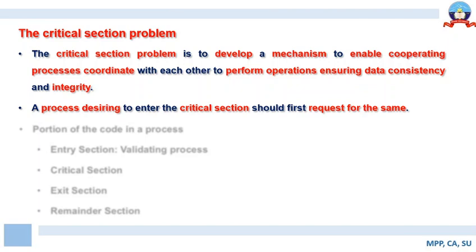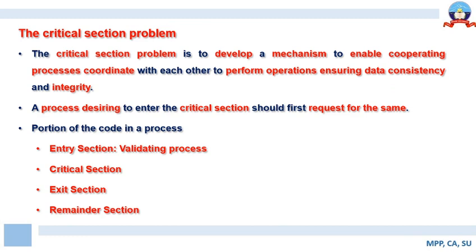Keeping these constraints in mind, the very organization of a business process should look like this. The organization of a business process should have in it the entry section, the critical section, the exit section, and the remainder section.